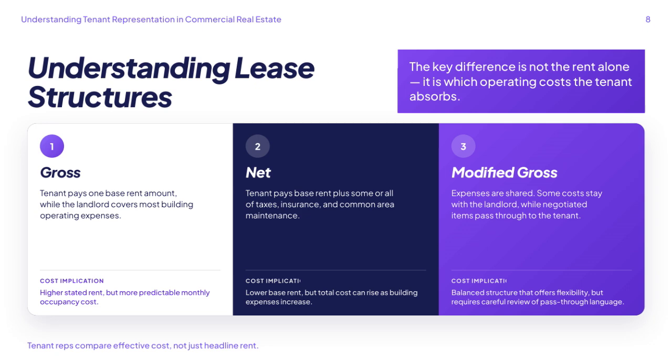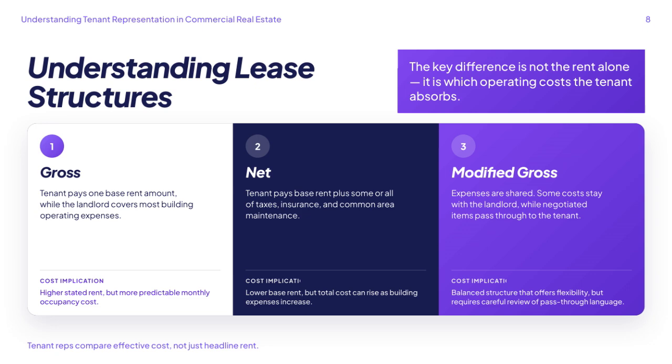Next is the net lease. In this case, the tenant pays a lower base rent, but also picks up some or all of the building expenses, like taxes, insurance, and common area maintenance. This means the total cost can fluctuate as those operating expenses change, so tenants need to be prepared for potential increases. Finally, there's the modified gross lease, which is kind of a middle ground.